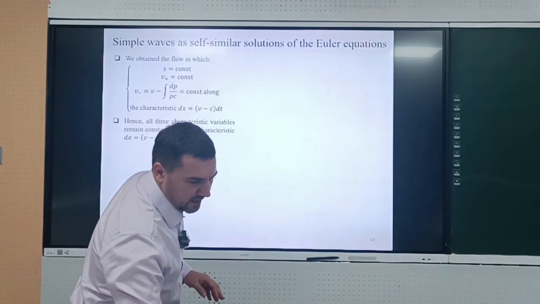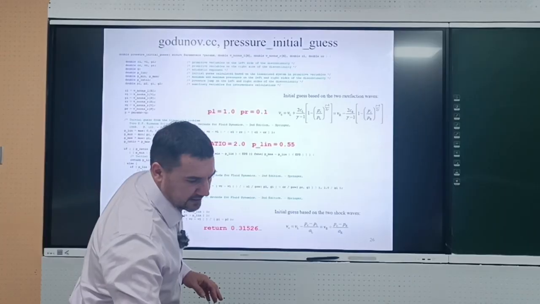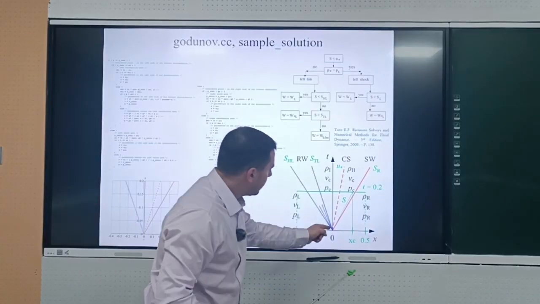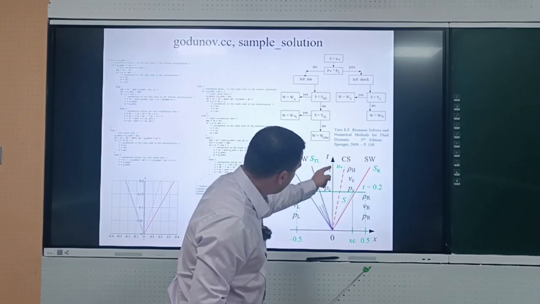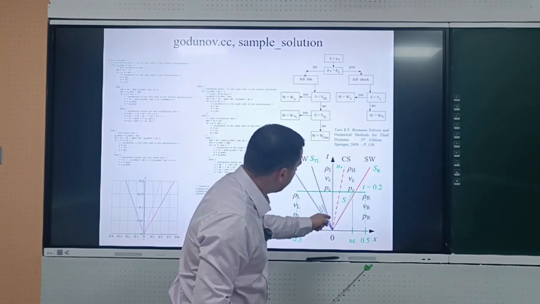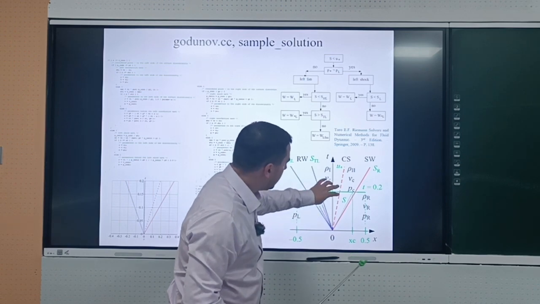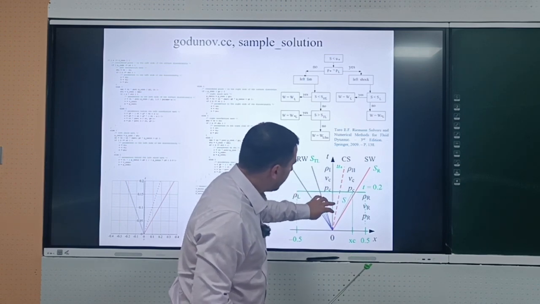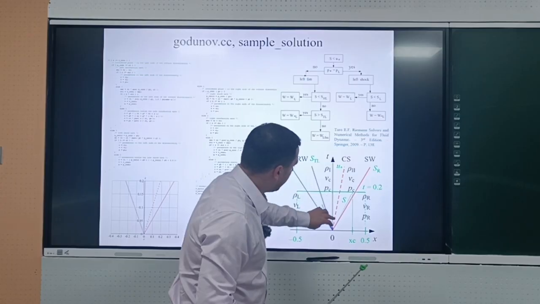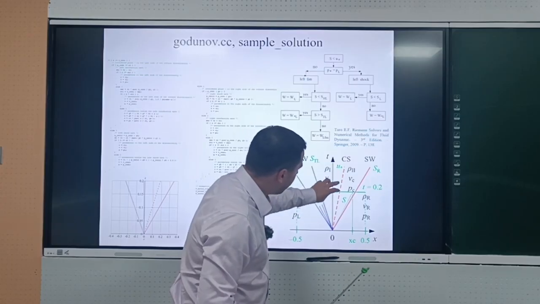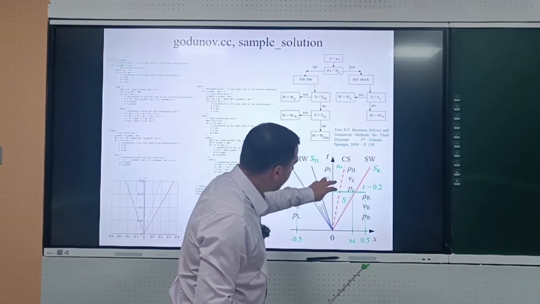And now we know how to build the exact solution. So this x equals 0 corresponds to the H of our computational cell, and we only need to understand in which part we are, and take parameters corresponding to the necessary part.